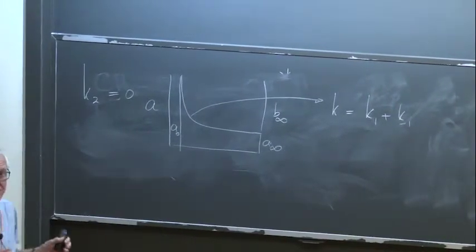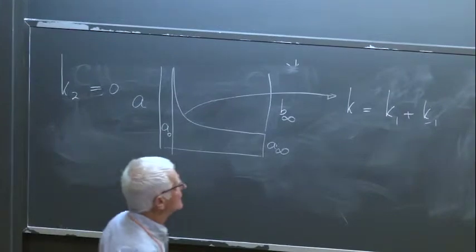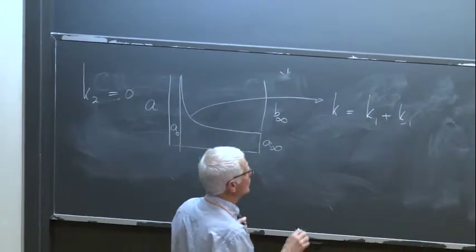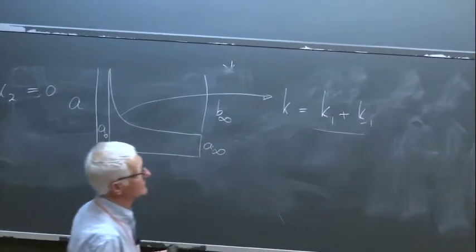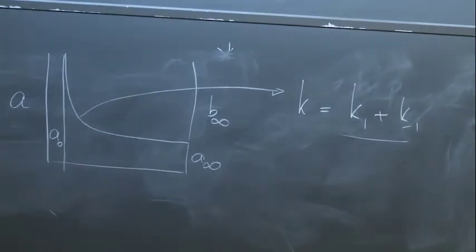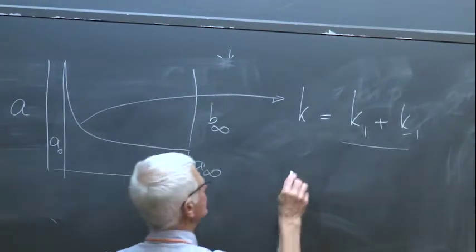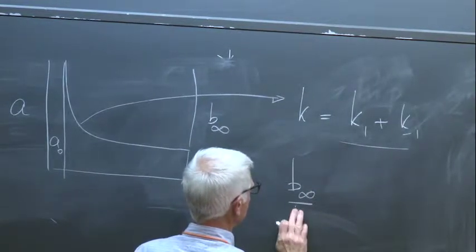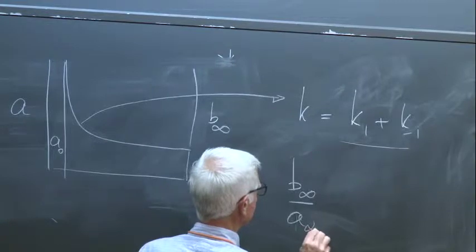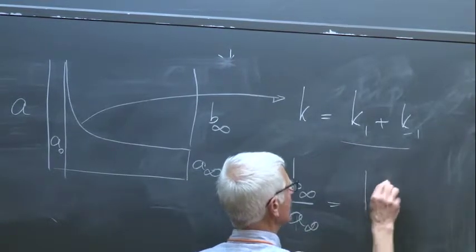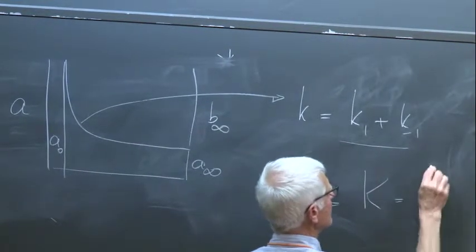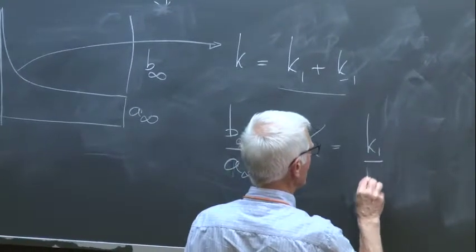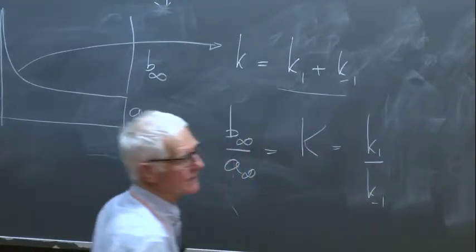It's called a relaxation process, and a simple relaxation process like this always has the rate constant equal to the sum of the forward and the reverse reactions. And clearly also B infinity over A infinity is equal to the equilibrium constant, which is equal to k1 over k minus 1.